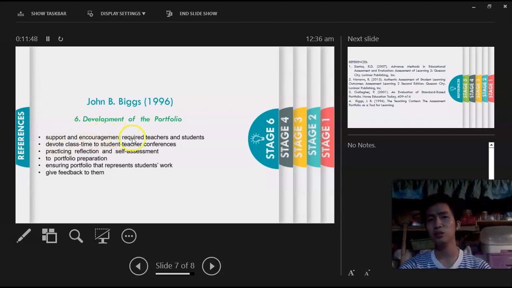Support and encouragement are required from teacher and students, so the teacher supports and encourages students on how to develop their portfolio.